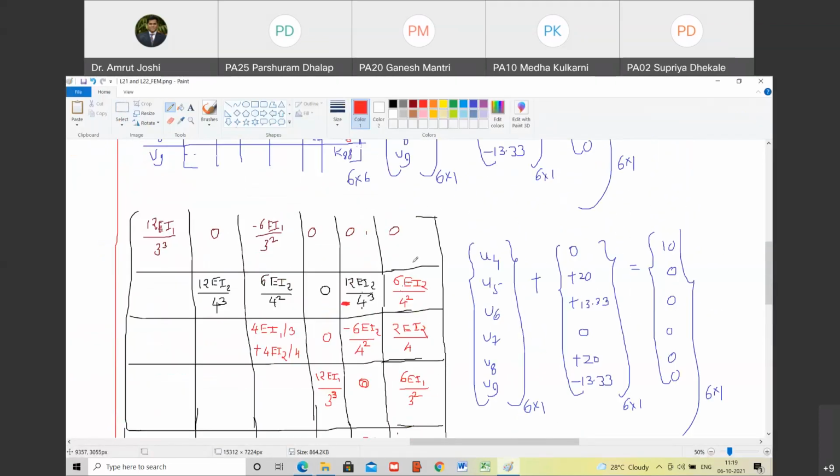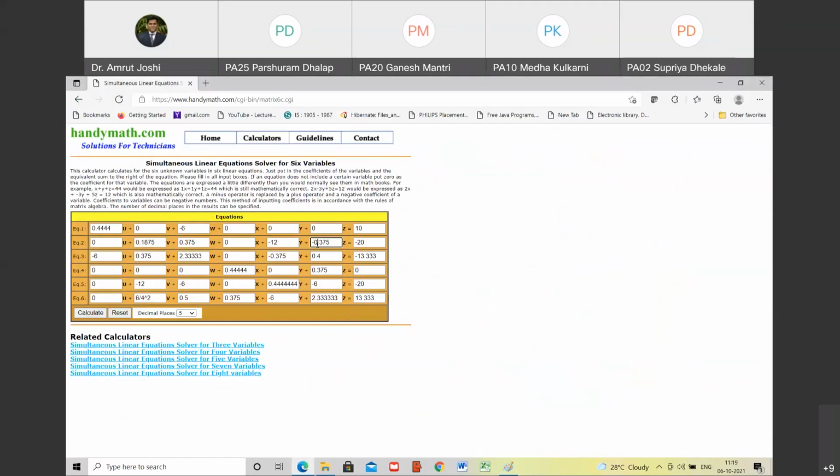No, sir, that one is plus. That is plus, and then that third row is minus 0.375. So this is third row, fourth column, is it? So fourth row, third column. Fourth row, third column. This also should not be 0, right?